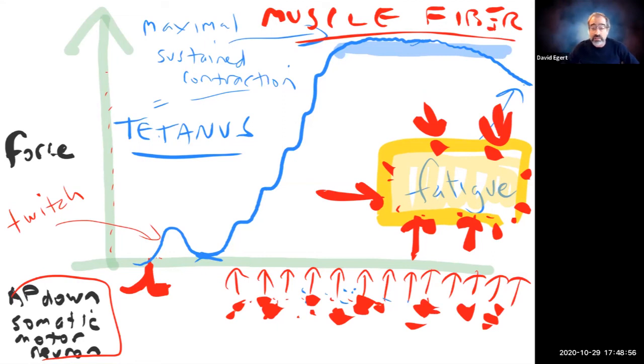So what we need to talk about is when you look at a muscle overall as an organ, how do you generate this broad range of force, even though an individual muscle fiber is basically either on or off? So, the key to this is going to be motor units.